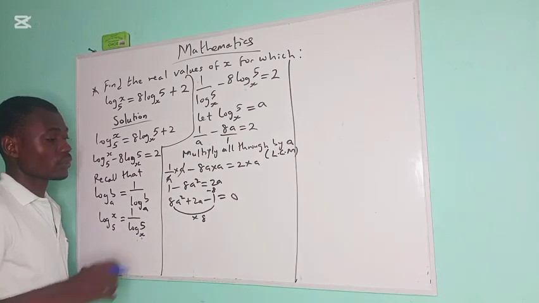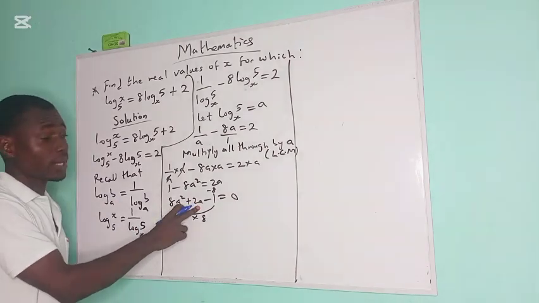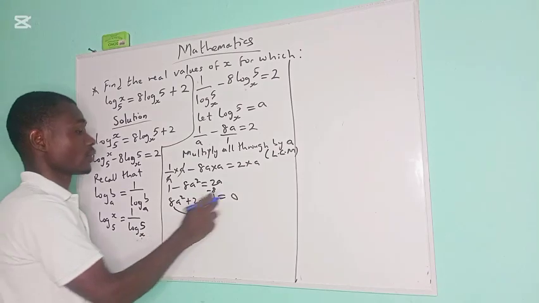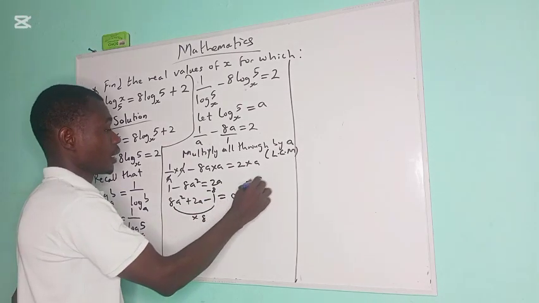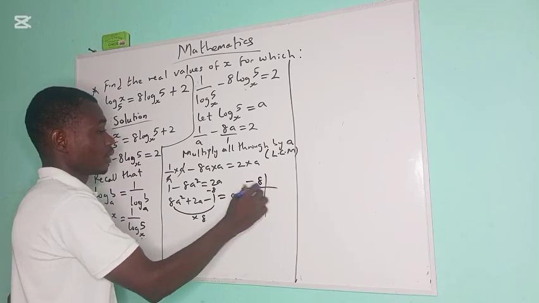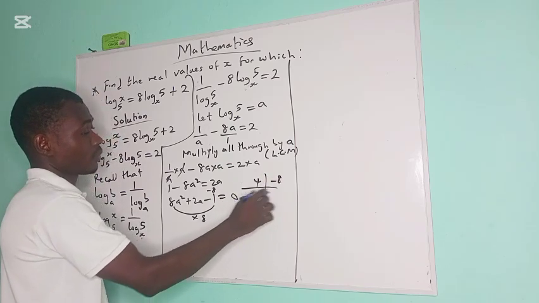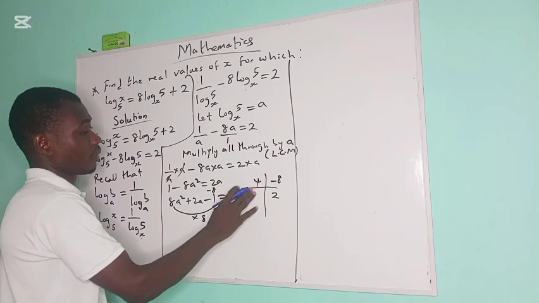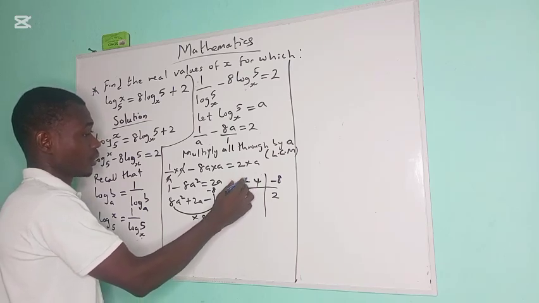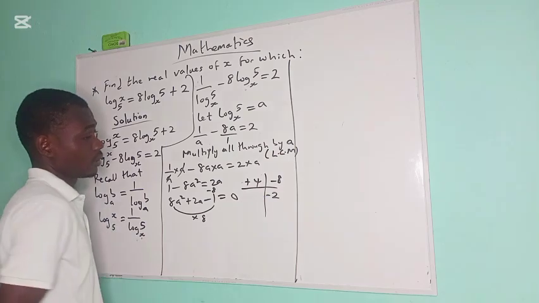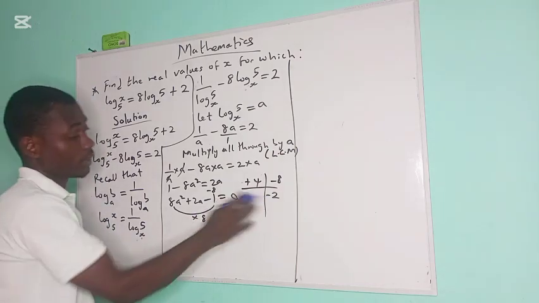So what are those two numbers that we can use? We get minus 2 and plus 4, and if you look at it, the sum is plus 2.